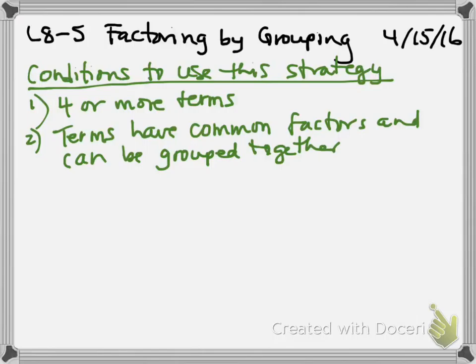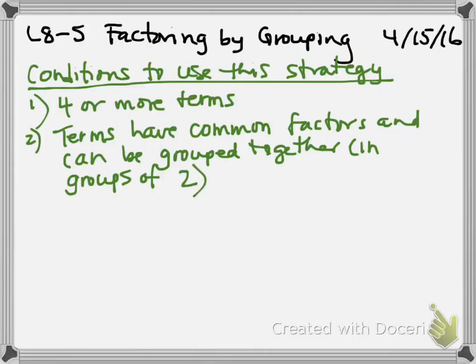So ours are going to be 4 terms, and what we're going to look for is grouping them predominantly in groups of 2. There are some rare occasions where you're going to split them up into a group of 3 and a singleton, okay? But that doesn't occur as often.